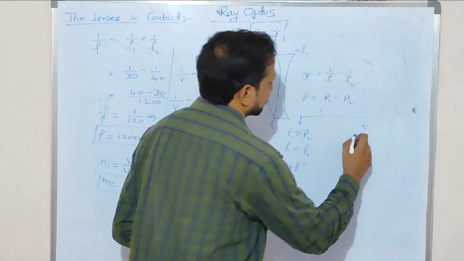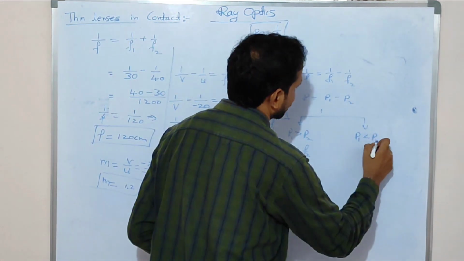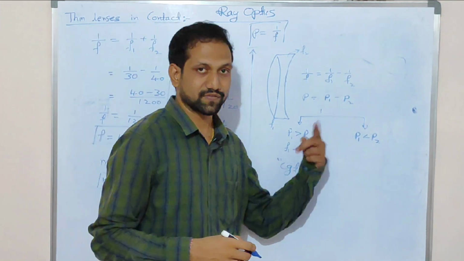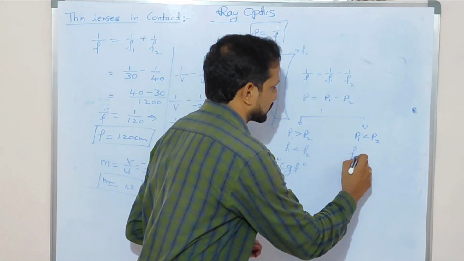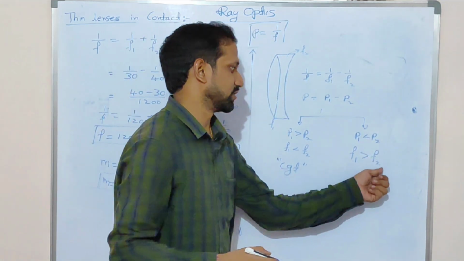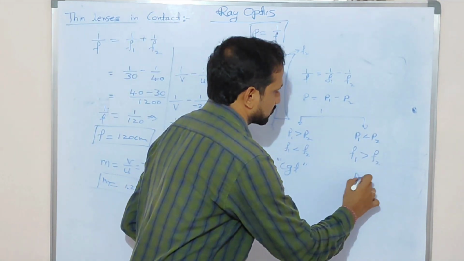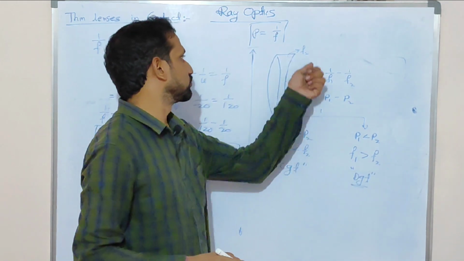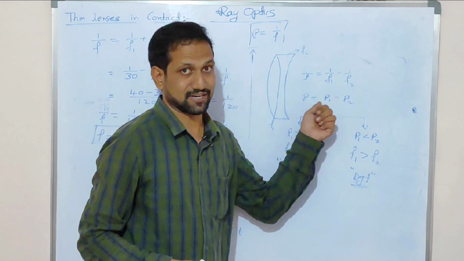In the other case, if P1 is less than P2, that means the power of the convergent lens is less than the power of the divergent lens, then the focal length f1 is greater than f2. In this case, the system will behave as a divergent system. I mean the effective lens is going to be a divergent lens.